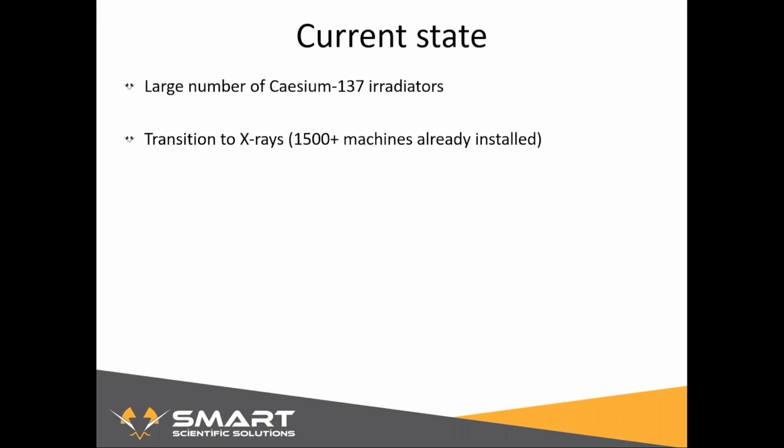The reason for this is because the powder in the cesium irradiators could theoretically be used to create a dirty bomb. So there's a safety issue. Over the course of many years already, many machines have been replaced, and there's more than 1,500 machines already using X-rays.